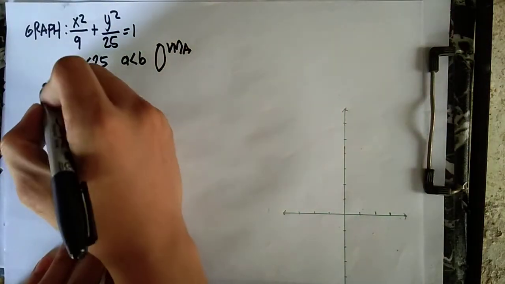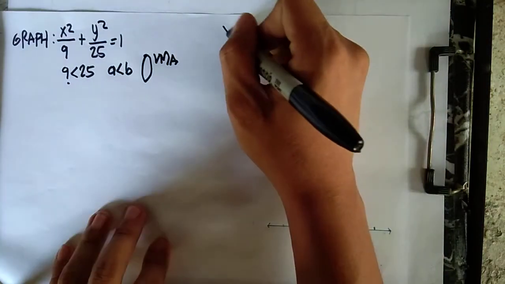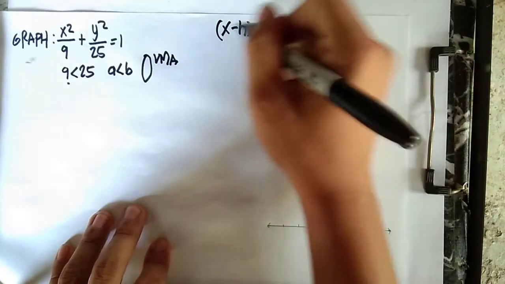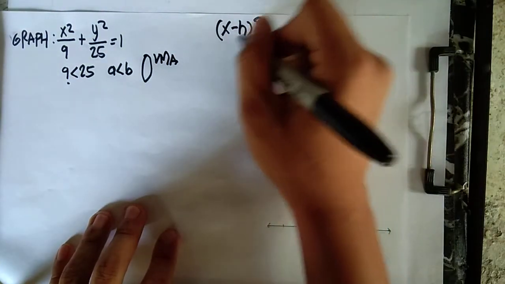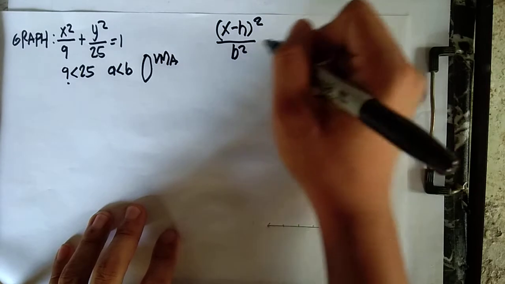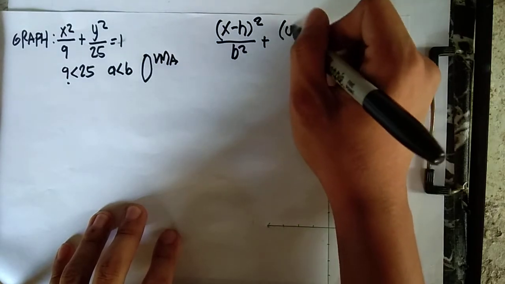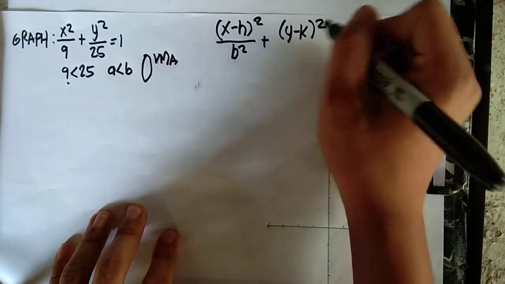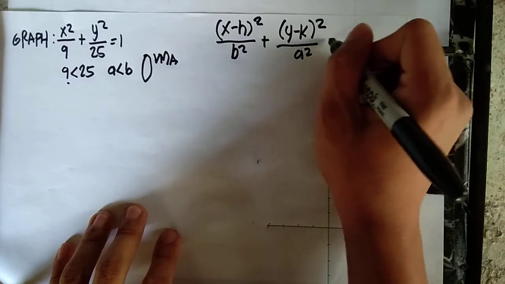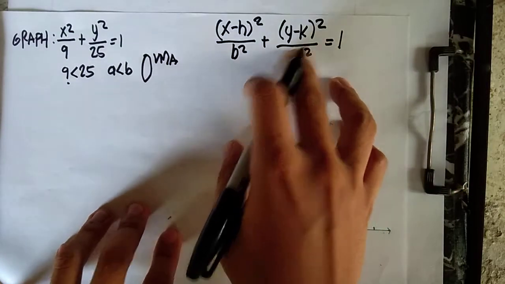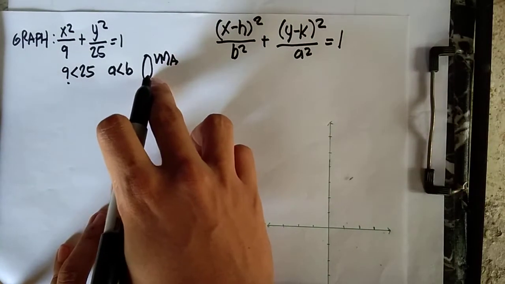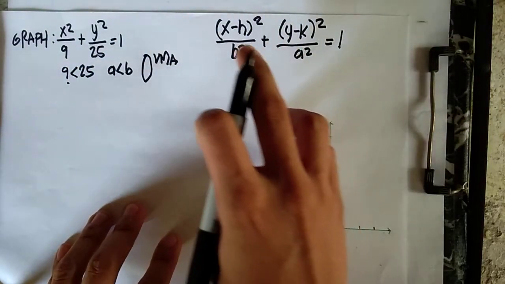So, let's rewrite the equation by having x minus h squared all over b squared plus y minus k squared all over a squared is equal to 1. Since vertical major axis tayo or vertical ellipse, so mauna yung ating b.